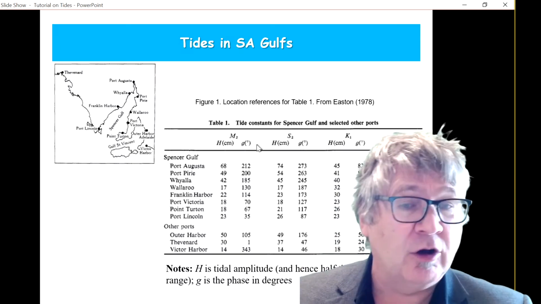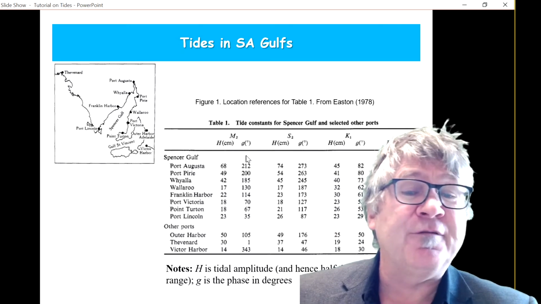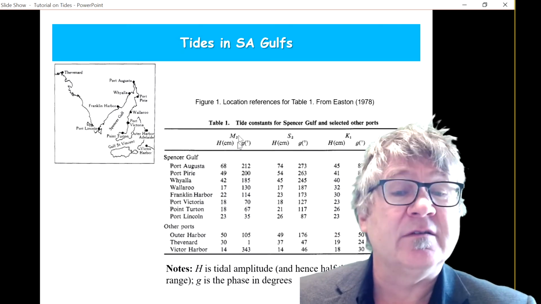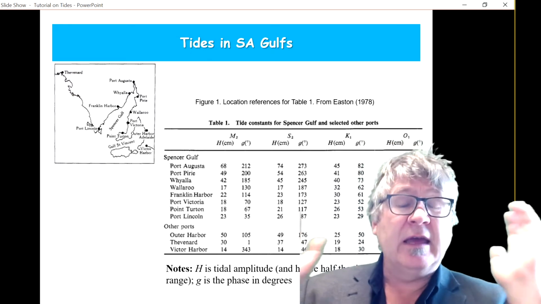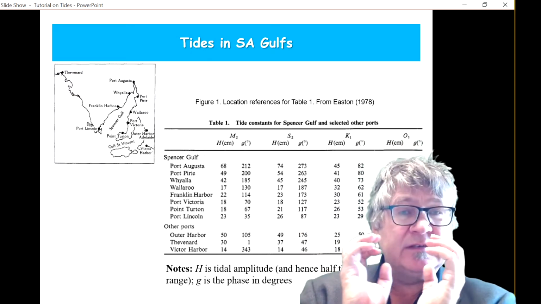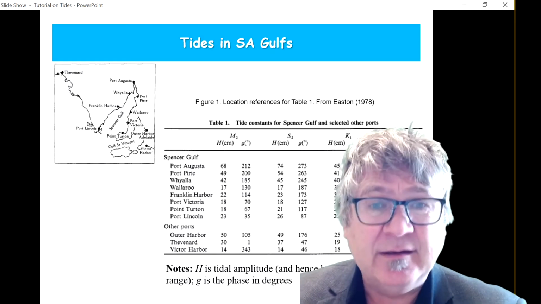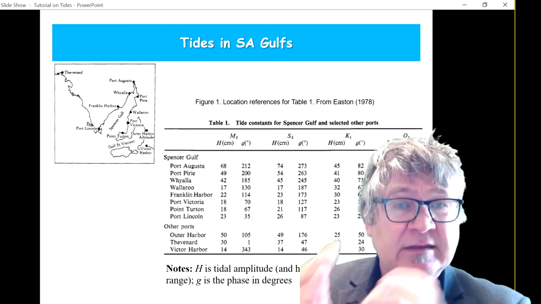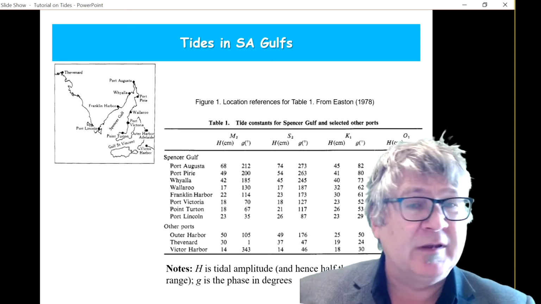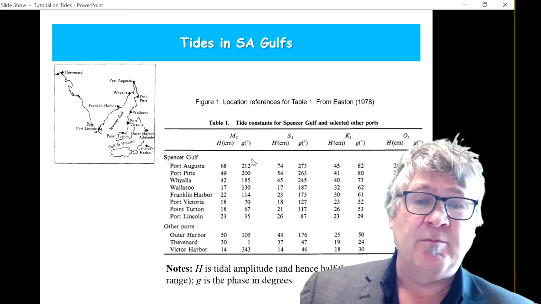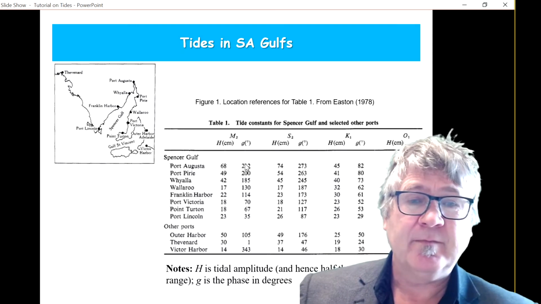It's unfortunately also called G, but this is just the phase that you have in degrees. Okay, 360 degrees is one cycle. You can just plug this phase into your equations, and this gives you the time difference between the peaks of each individual component.